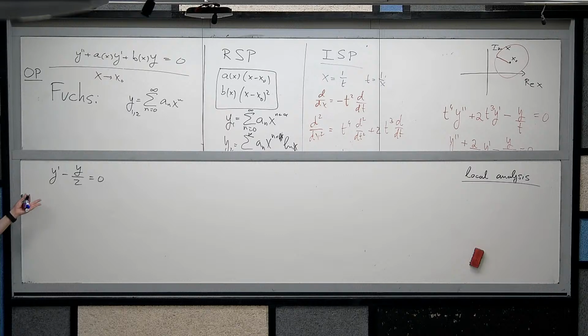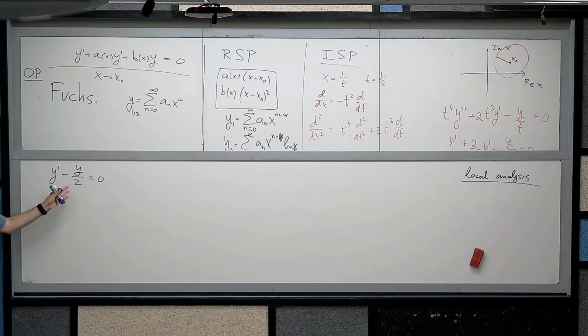Okay? At x equals 0, what type of point is it? Ordinary, regular singular, or irregular singular? Ordinary point. X equals 0 is an ordinary point. You see, we have here just 1/2, and 1/2 is a constant, so it is analytic close to 0.